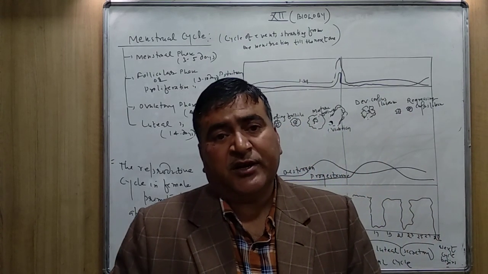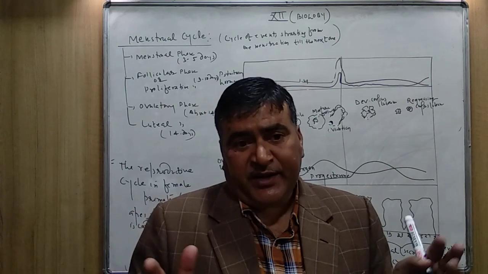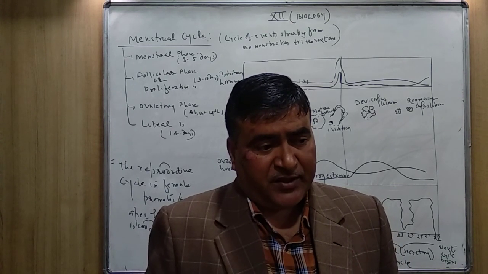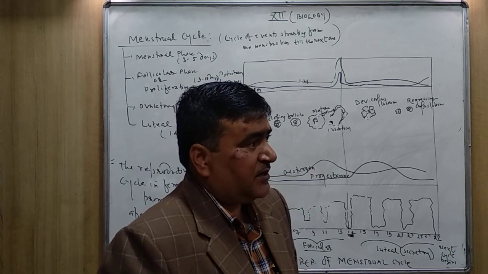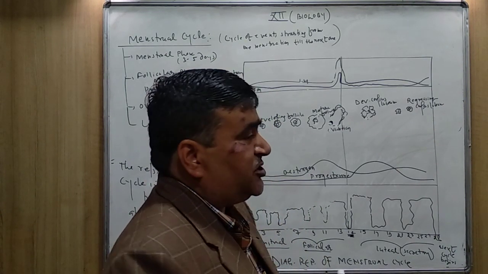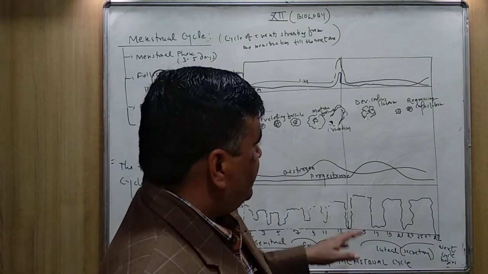So it becomes very thick. The progesterone hormone maintains the pregnancy period, the whole gestation period is looked after by the progesterone hormone. That's why it is also named the pregnancy hormone.